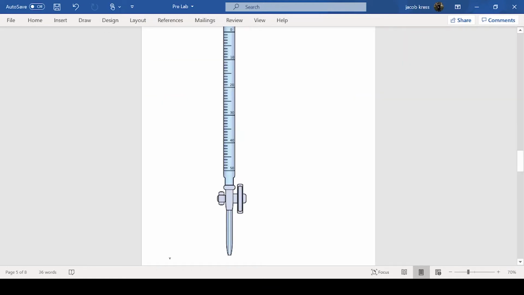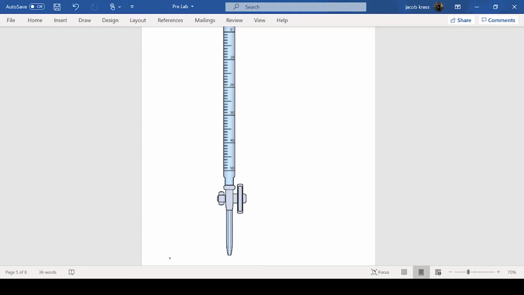The very last thing I want to go over before we get to the actual experiment is the burette. So this would be the apparatus you guys would be using if we were in lab. Basically, the burette is a very accurate way of measuring and dispensing volumes.